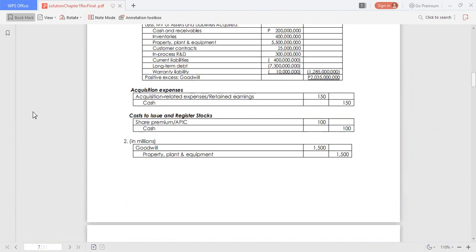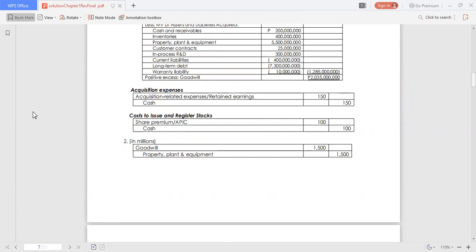Then we record 100,000 as your acquisition-related expenses, but we now have the 100,000 registration fees that we normally debit to APIC and credit to cash.